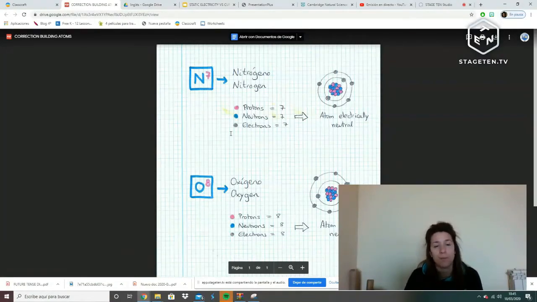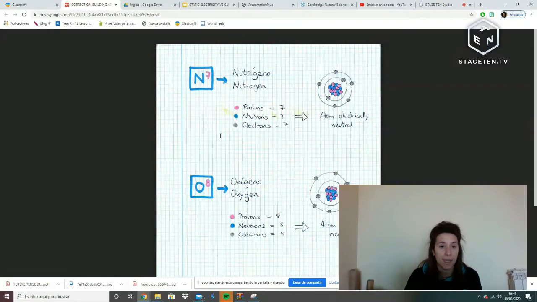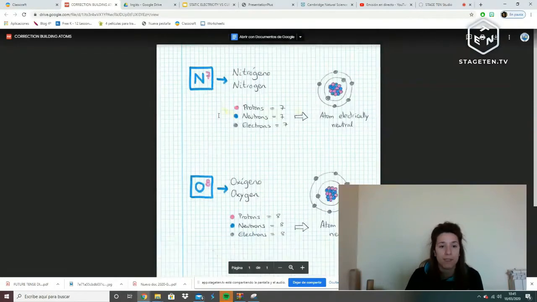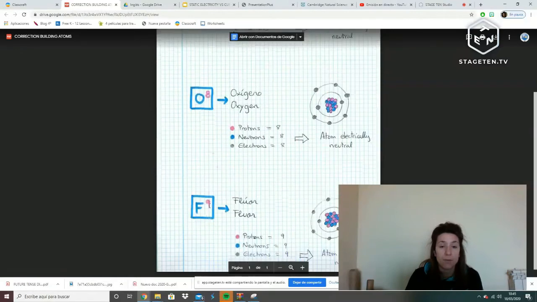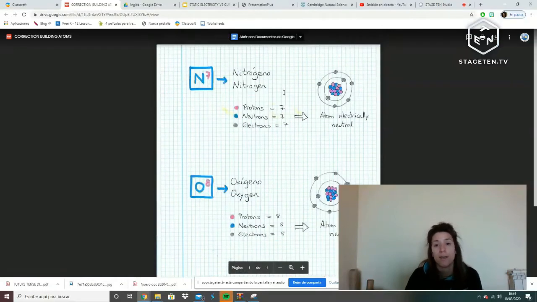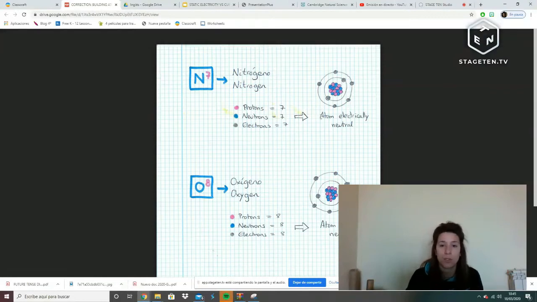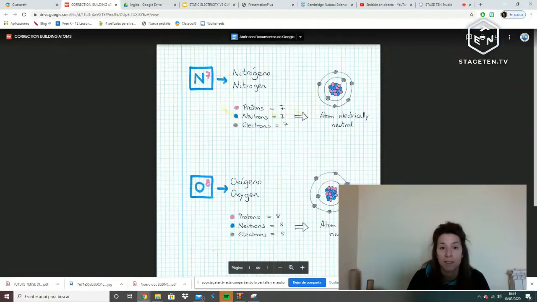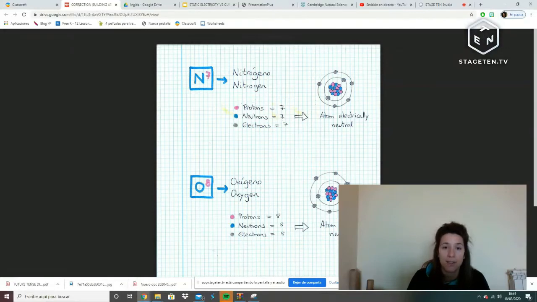We did the example with the hydrogen and the carbon, and then I gave you these 3 elements, nitrogen, oxygen, and fluor, to do the simulation on the laboratory and then copy them on your notebook, okay? So nitrogen has the atomic number 7, so this means that it has 7 protons and 7 neutrons in the nucleus and 7 electrons moving around.